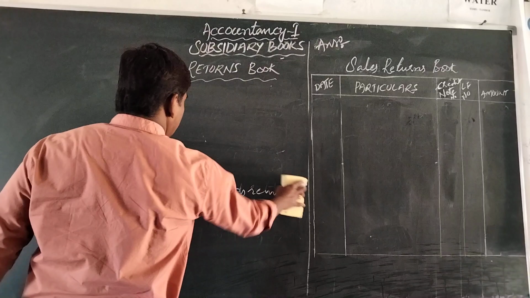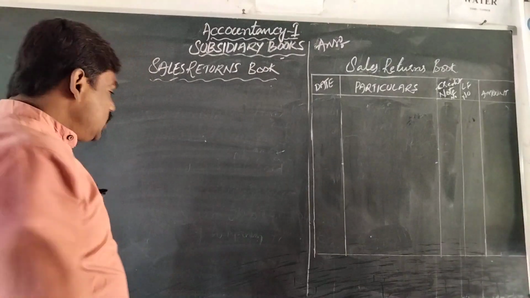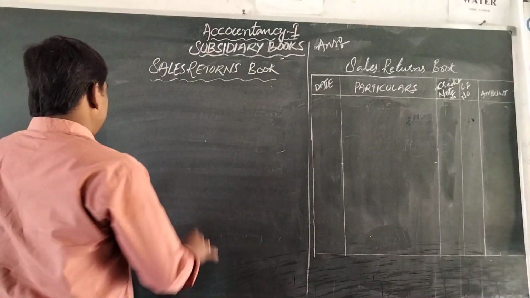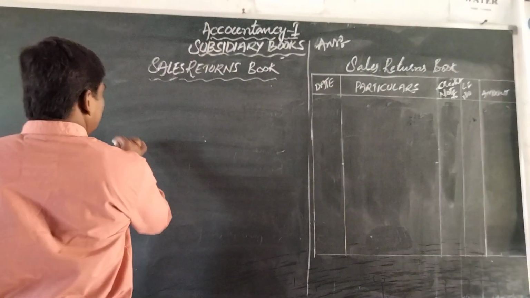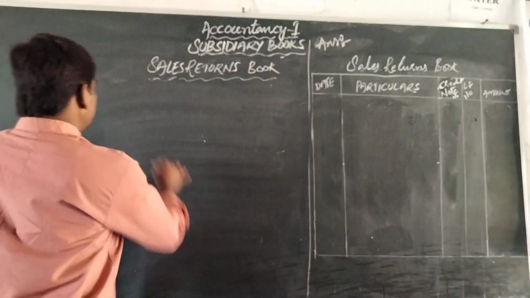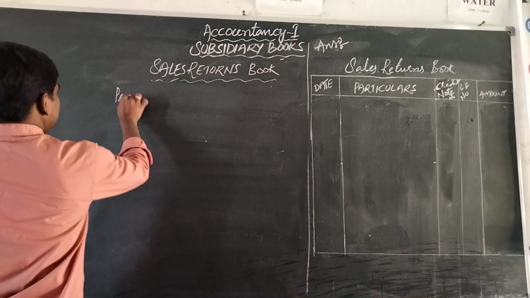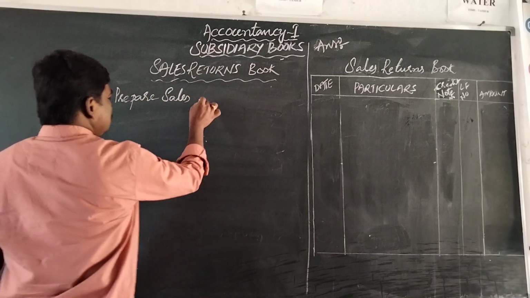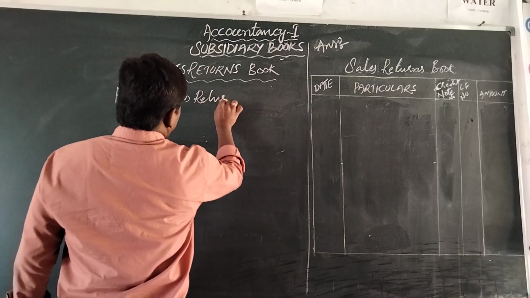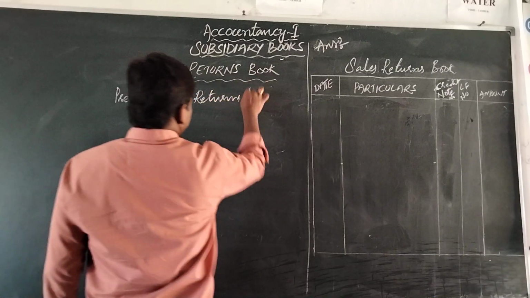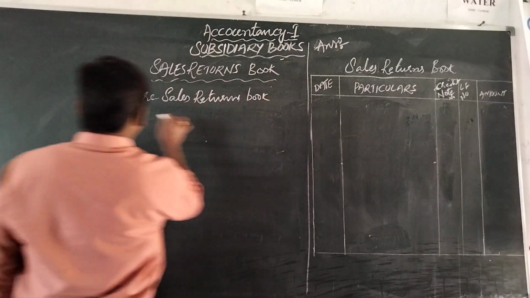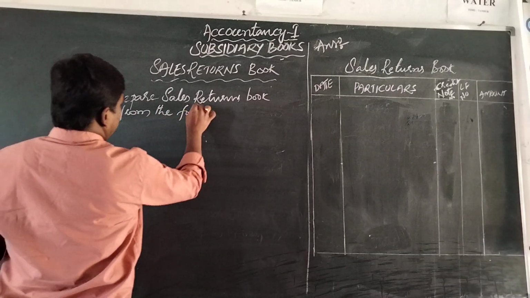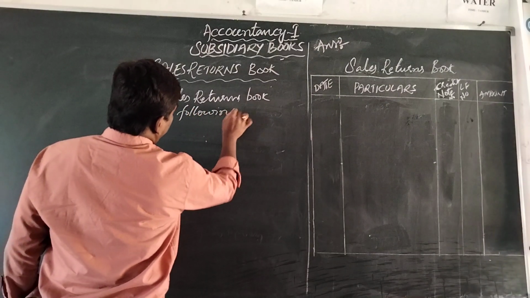Generally you will be asked to prepare a sales returns book from given information, particulars or transactions. From that we prepare the sales returns book. You will be asked like this: prepare sales returns book from the following.